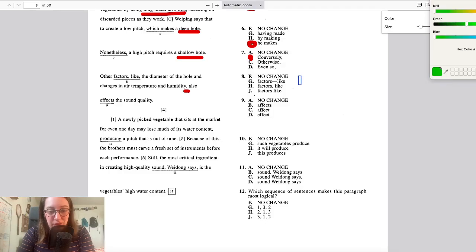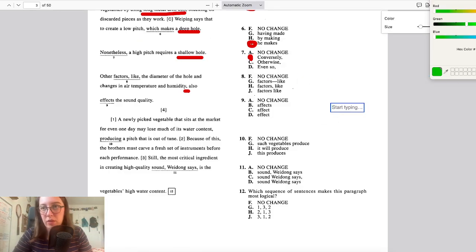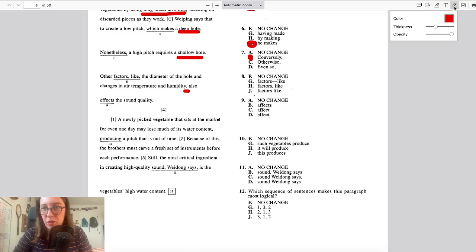Or something like, Mary went to the party. She's a homebody. So that was unexpected, or something like that, right? You're kind of giving an aside to the audience, right? By the way, that kind of thing is what an M dash is for.